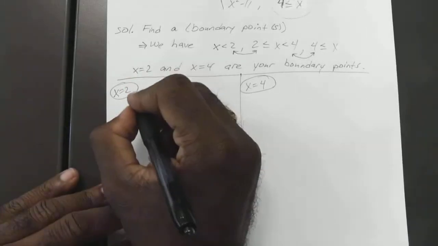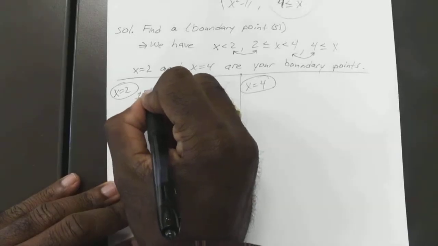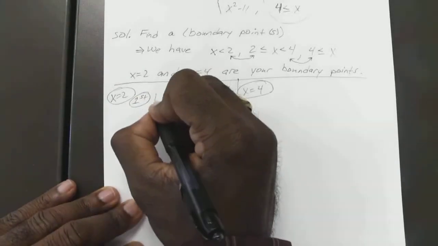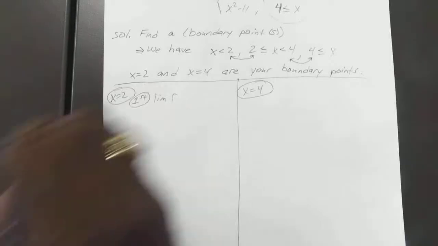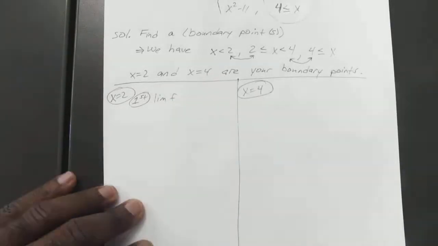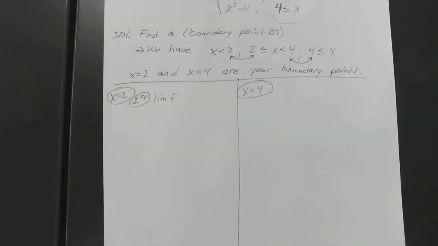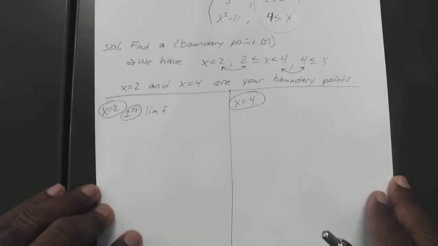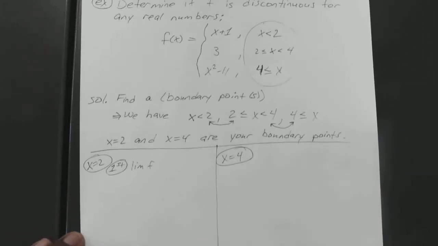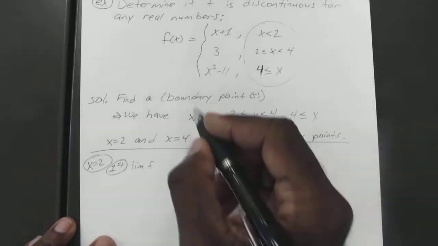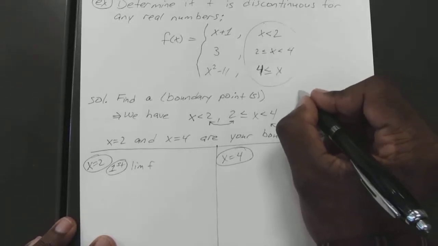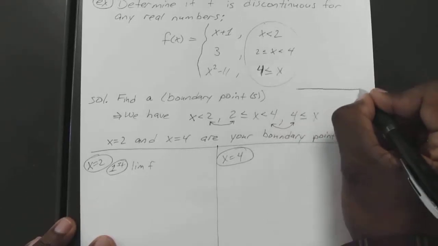Okay, so the first step, if you remember, we have to find the limit. Oh, forgot to do the number line. Actually, I'll do the number line right up here. And I'll try not to have it too cramped.